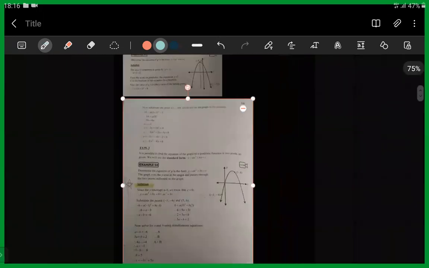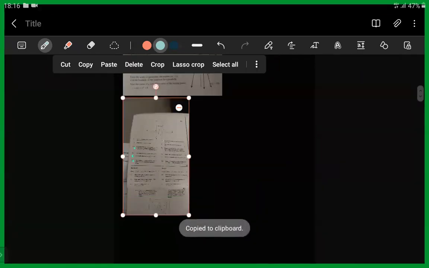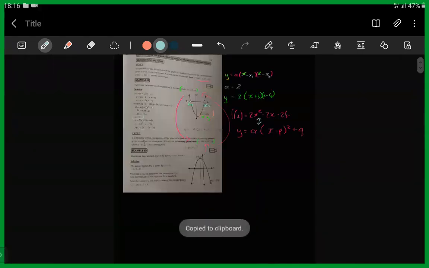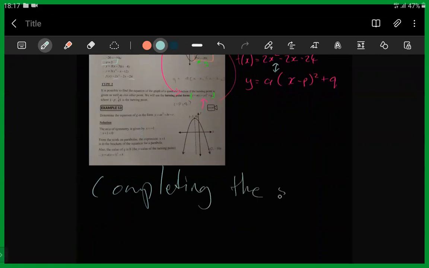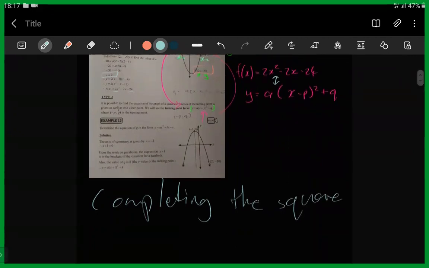Let me cut this here. Let me cut this also. Let's use the space. So when you complete the square, let's put here, completing the square. The idea behind completing the square is, firstly, to go from this format to this format, right?